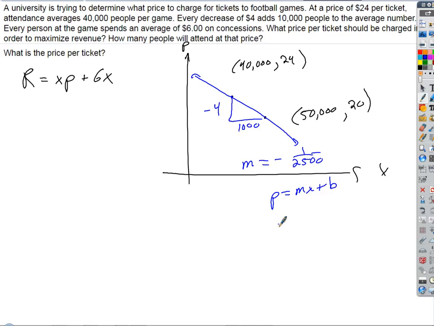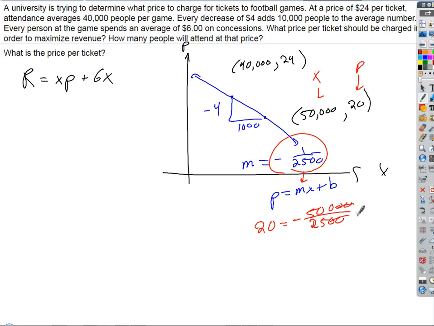Okay, so then we could plug in, so we know that P equals, so there's my function. We can plug in values for M and for P and for X to solve for B. So we get 20 equals negative 1/2500th X, which is the same thing as negative 50,000 over 2,500.